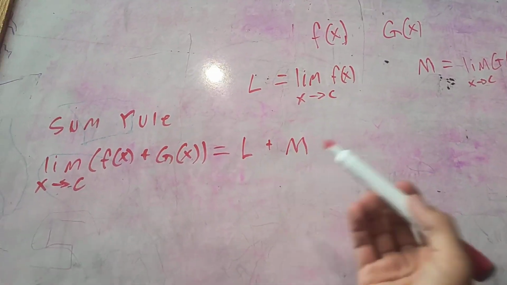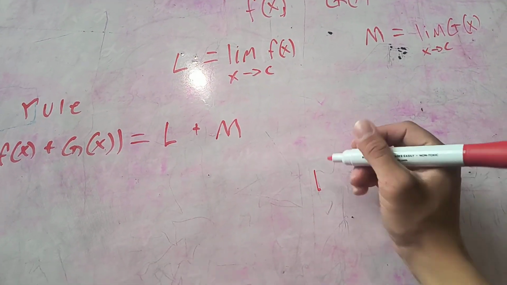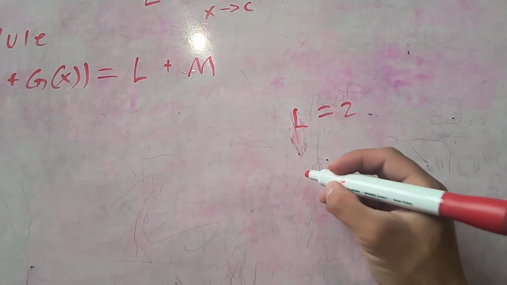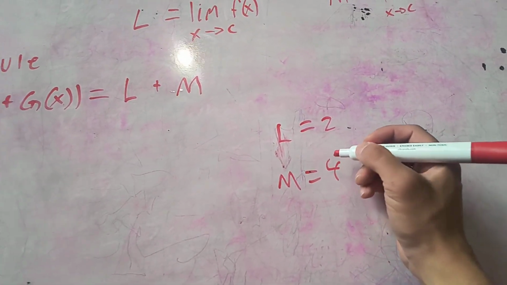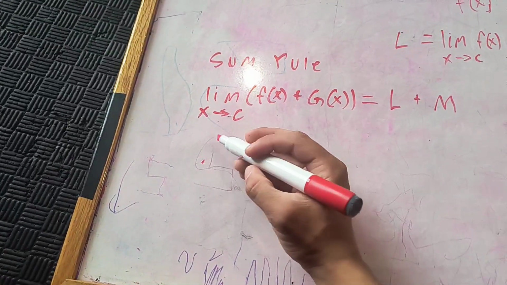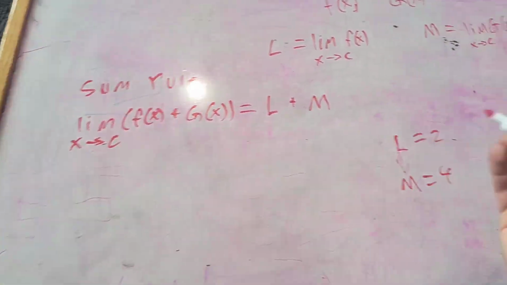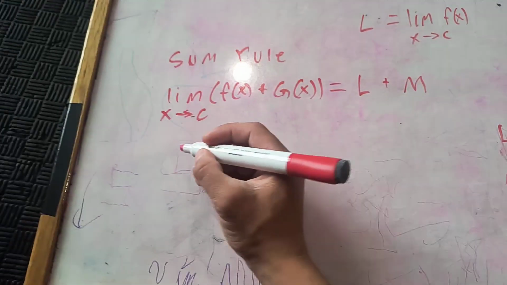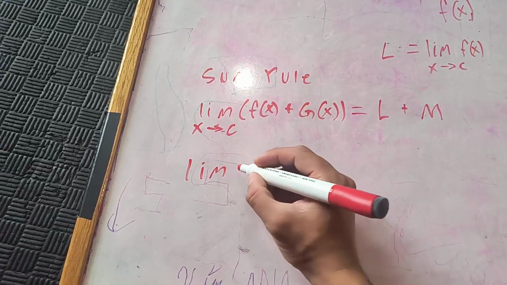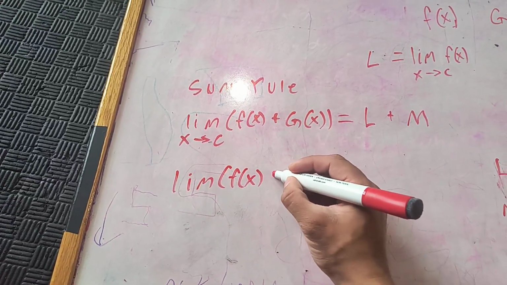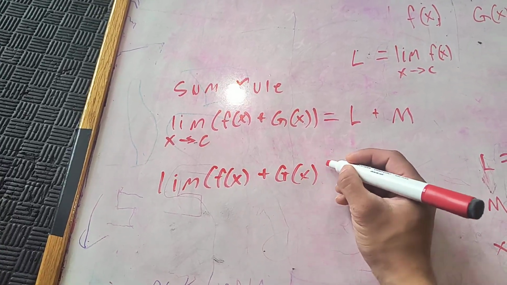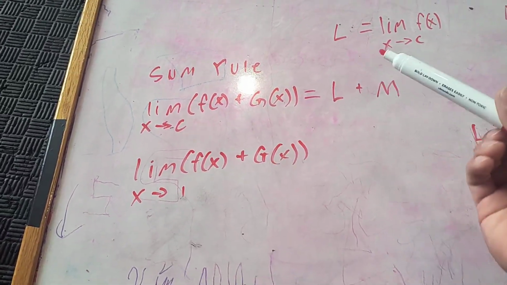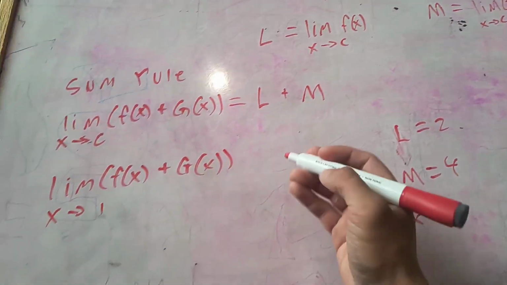So if we knew, let's say, L is equal to 2 and m is equal to 4, and we said, I want you to find the limit of f of x plus g of x as x approaches 1, instead of doing this calculation separately, you could just say, okay, I know their individual limits already.